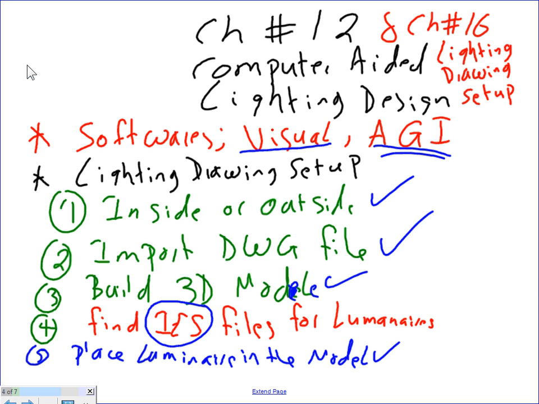Then find the IES file for the luminaires. Remember how we went into the library for every single fixture and found the IES file for them? And that was kind of the challenge: which one am I going to use? Right? And then place the luminaire in the model. When we find it, we stick it right into the model. You guys did that one for me.